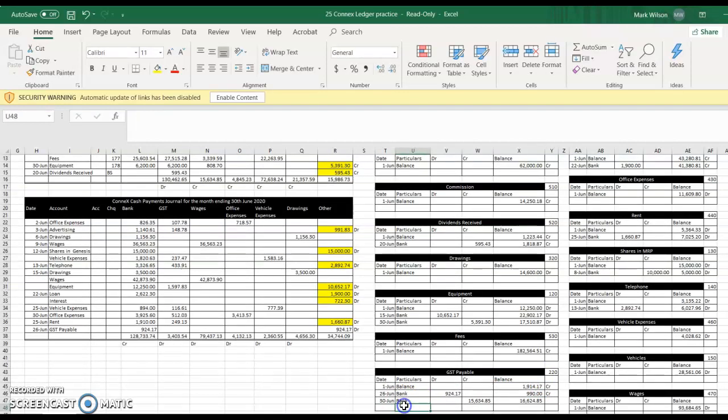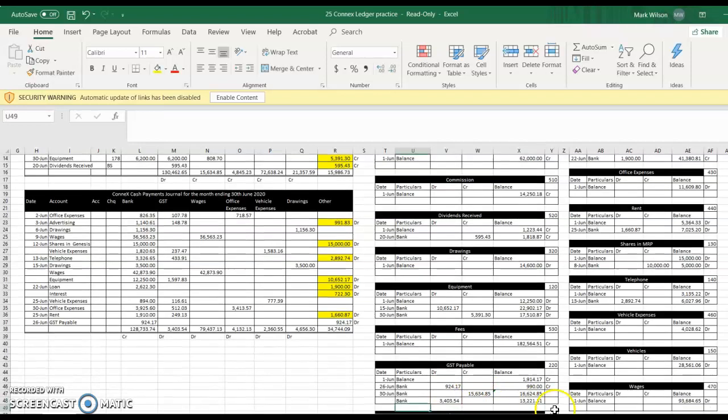And then we paid off GST from here for the end of the month. We owe a heck of a lot of GST. And just make sure it says credit because it's a liability all the way through.